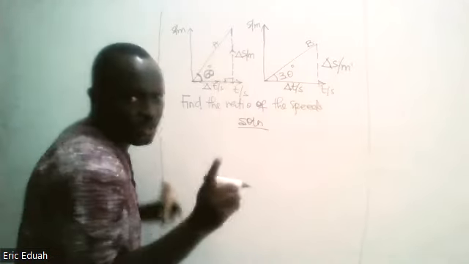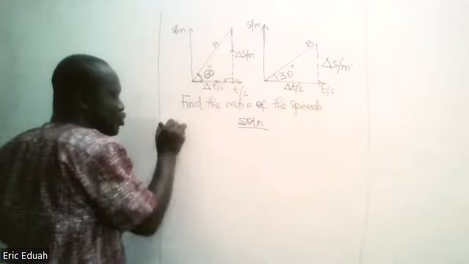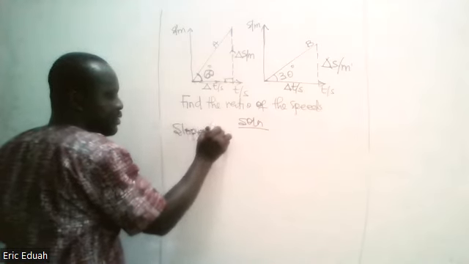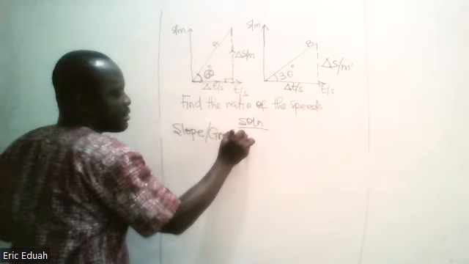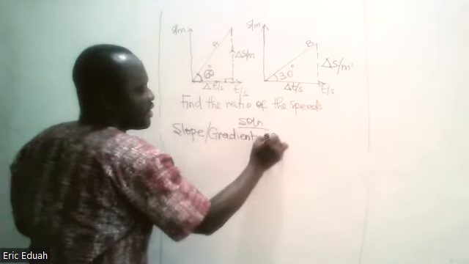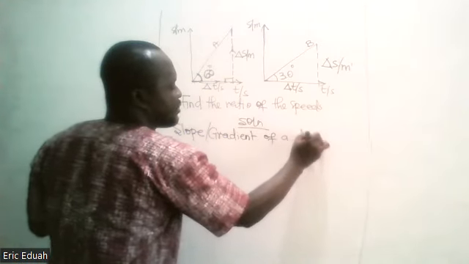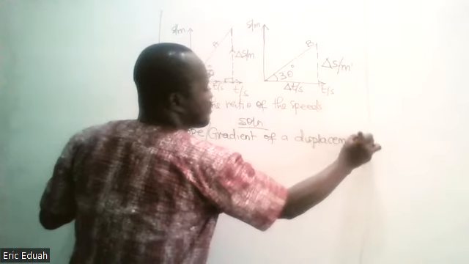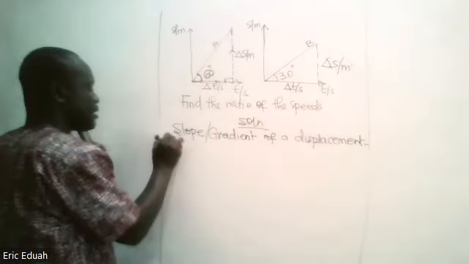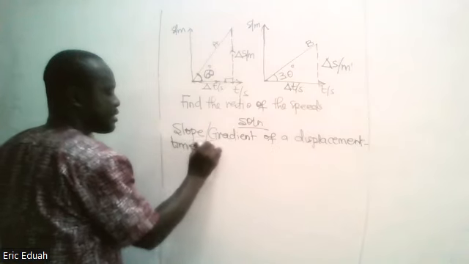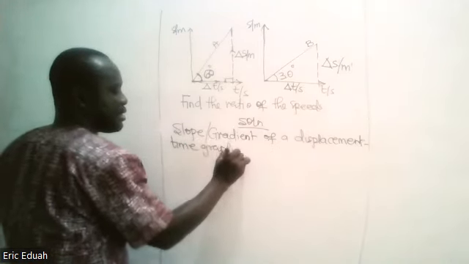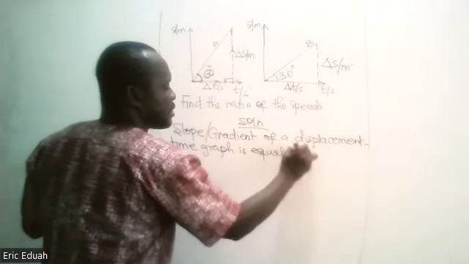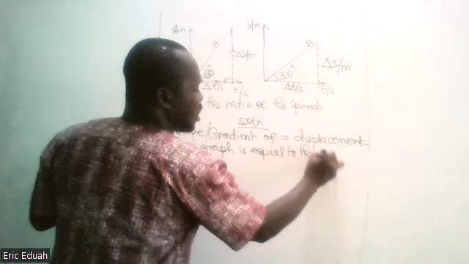Now, the first thing you must understand is that the slope, or what we also call the gradient, of a displacement time graph is equal to the speed or velocity.